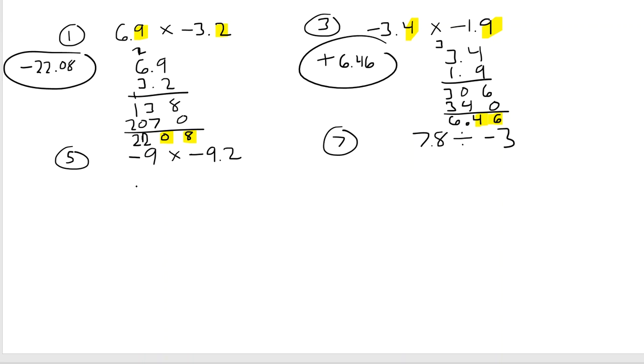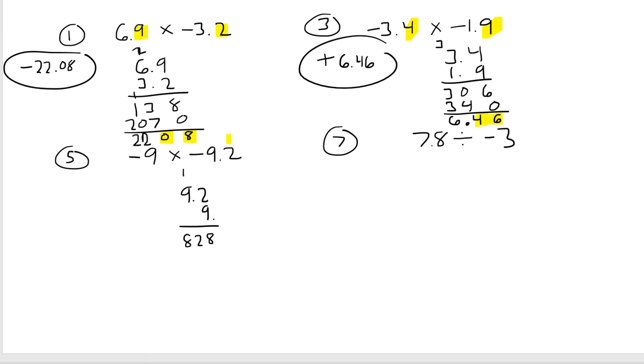Okay, let's look at number 5. On number 5, we have a 9.2 times negative 9. Notice how I didn't line up the decimals here. A 9 would be written as 9 point, basically. And so we don't line up the decimals. And now we're just going to multiply. 9 times 2 is 18. 9 times 9 is 81, plus 1 is 82.